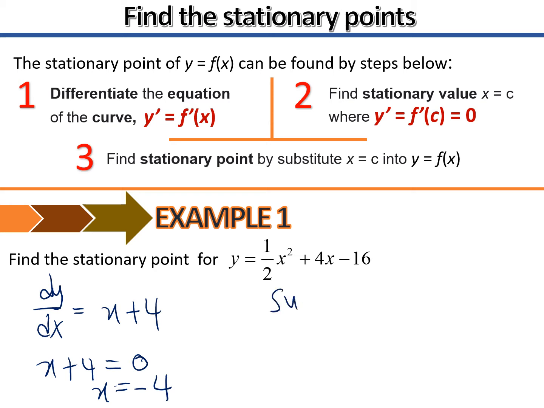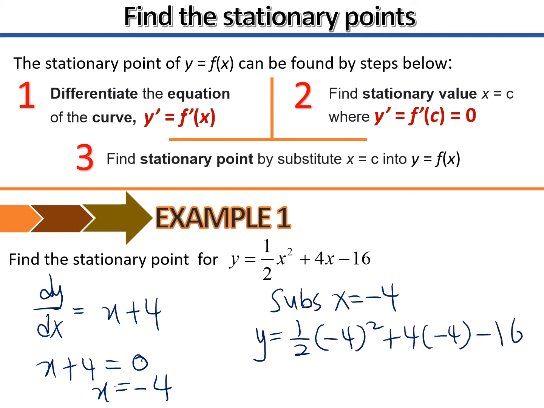Alright, then we substitute x equals negative 4 into y. So we will have y equals 1/2 times negative 4 squared plus 4 times negative 4 minus 16. Then we will have negative 24.